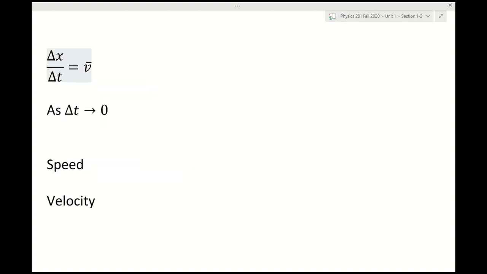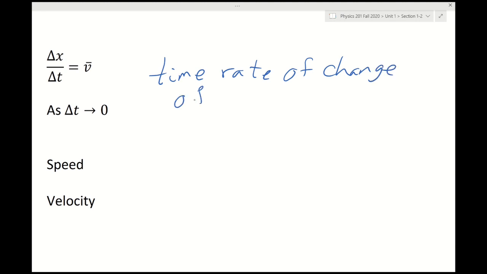When we talk about the time rate of change of position, oftentimes you will hear this referred to as a time rate. Anytime you're dividing by t, that could be a time rate. So the time rate of change of position, if we have a large amount of time, is an average.